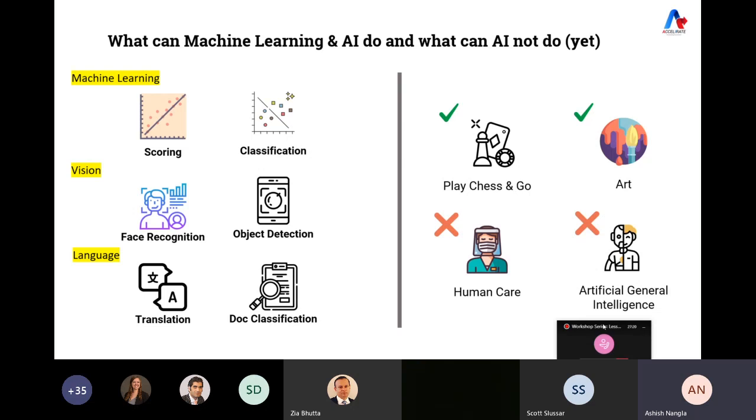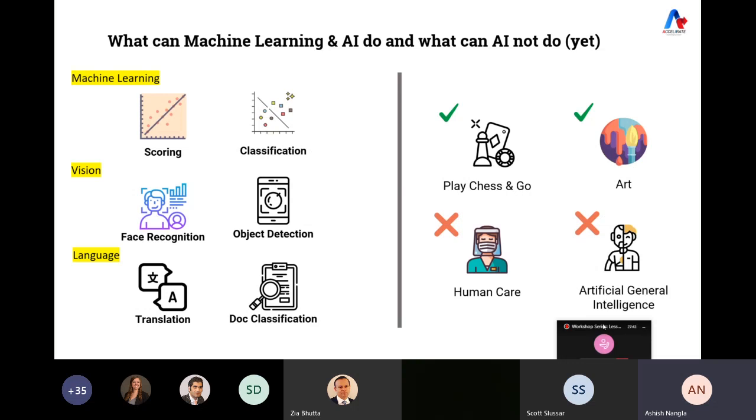Nowadays, everybody has heard that AI is used to play chess and board games like Go, and it has really improved on that. We also heard that AI can generate art, and there are paintings out there. There was an auction in which a computer-generated painting got sold as well.